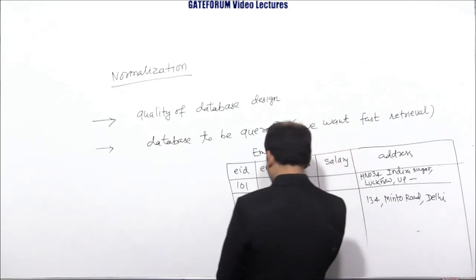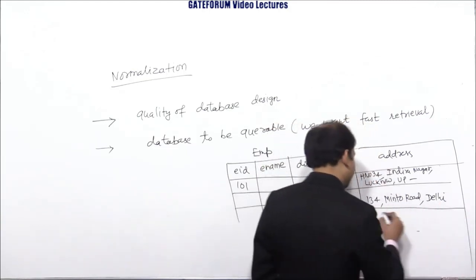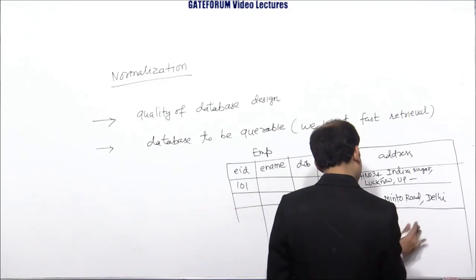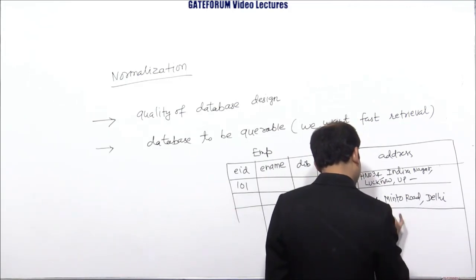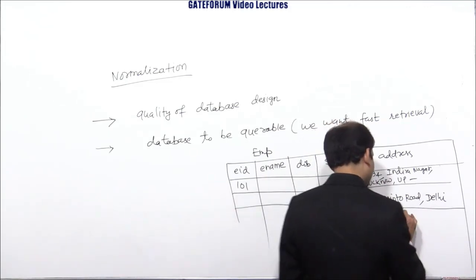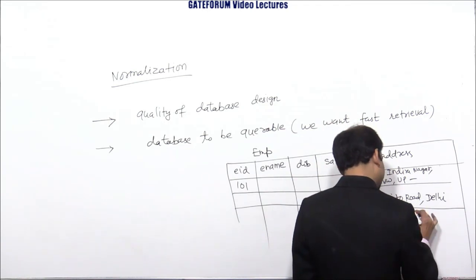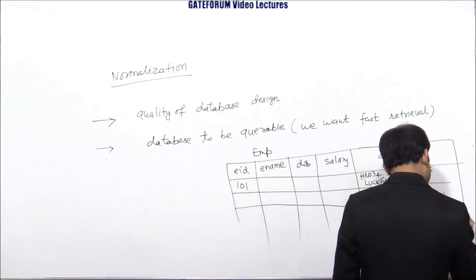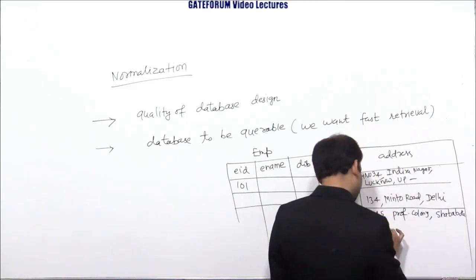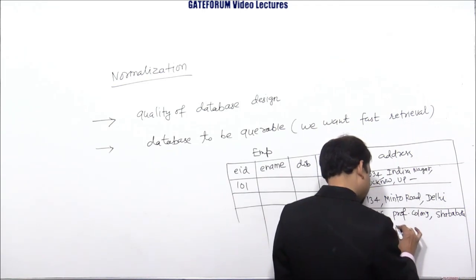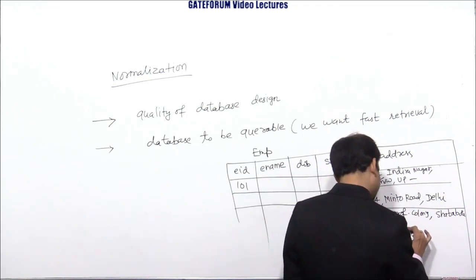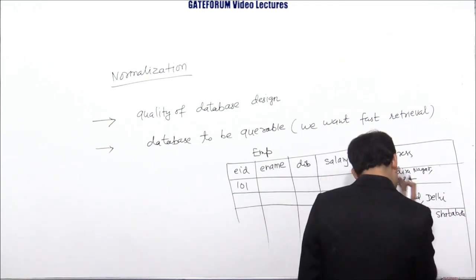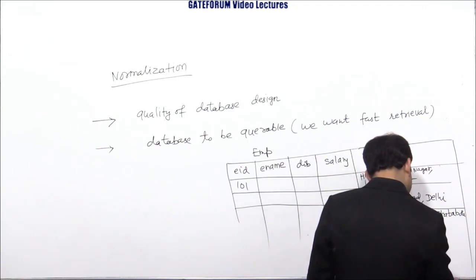Some other fellow is 245, Professor Colony, Satabdi Nagar, again random values, Meerut, UP.